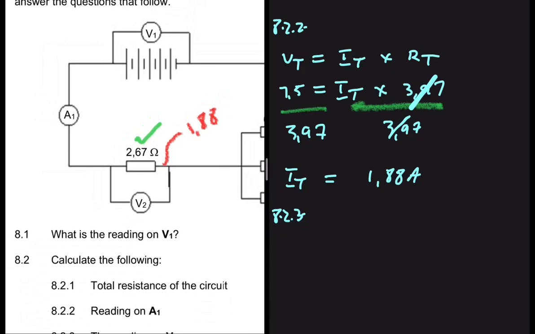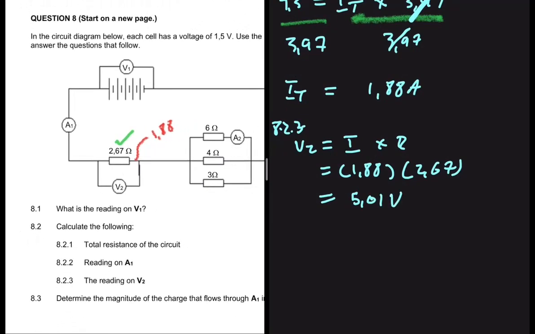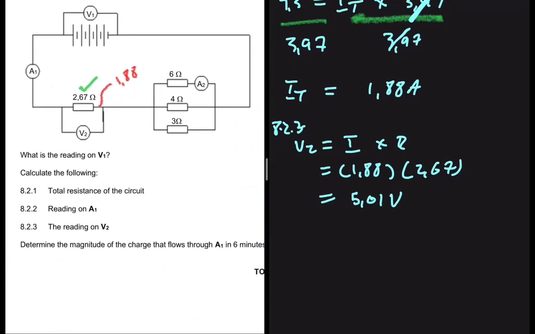So in order to find the reading on V2, we're going to say V2 is equal to I multiplied by R. We know that the current there will be 1.88 and the resistance is 2.67 ohms. If you put that in your calculator, you're going to get a voltage of 5.01 volts. The answer to 8.2.3.